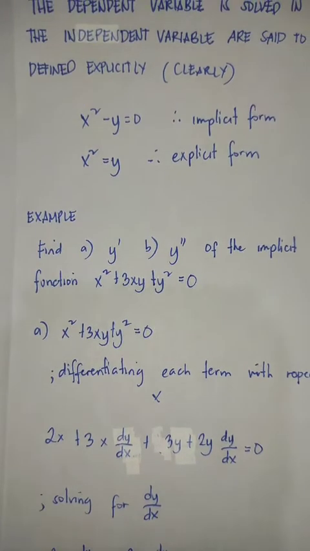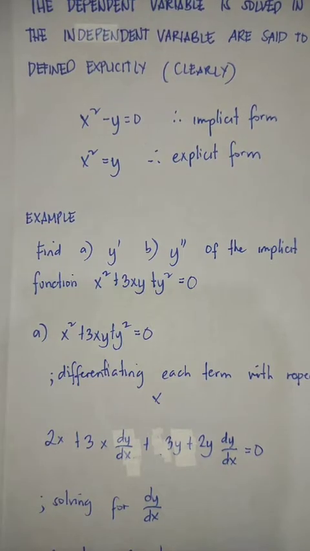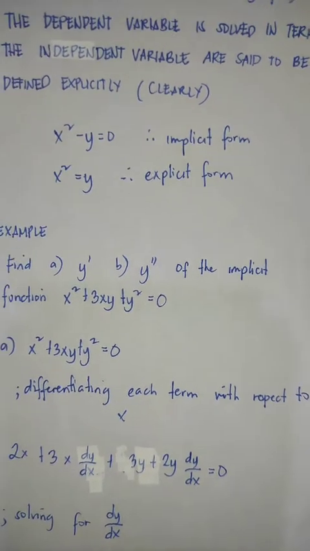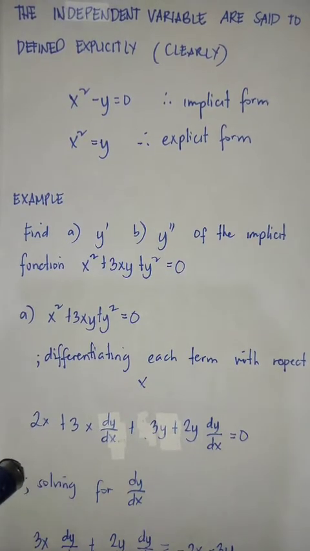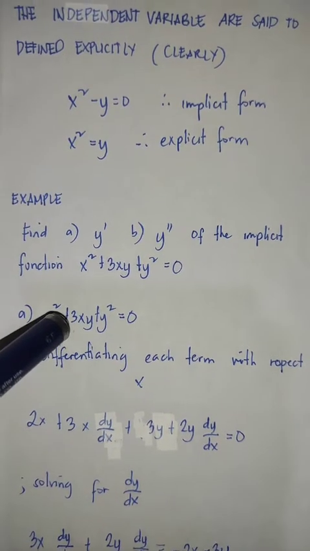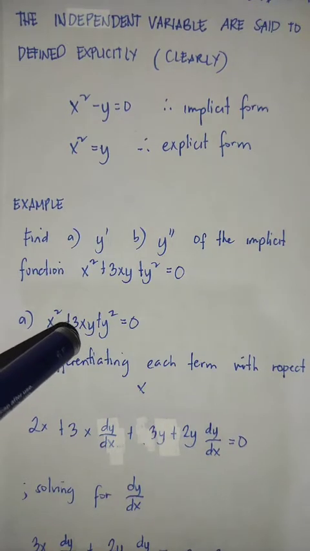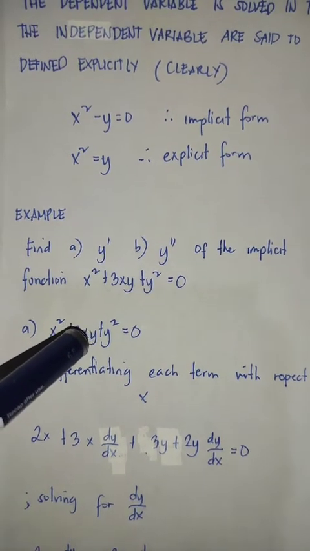Kaya dito, tingnan nyo. Example number 1 is find the y prime and y double prime of the implicit function x squared plus 3xy plus y squared is equal to 0. So, first derivative nito, with respect sa independent variable which is x, differentiating each term with respect to x, yung derivative ng x squared is simply 2x, and then this is derivative of product.